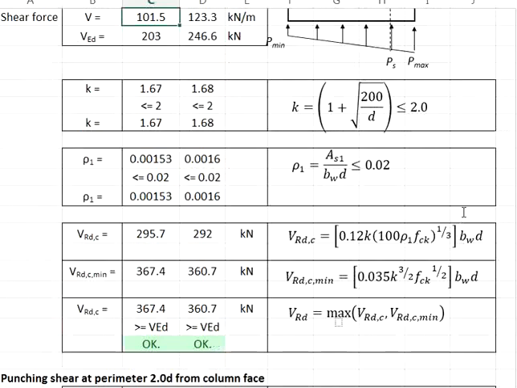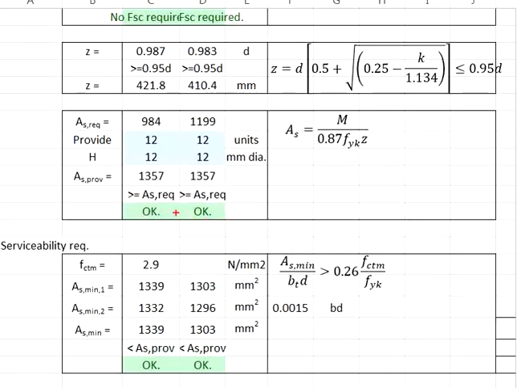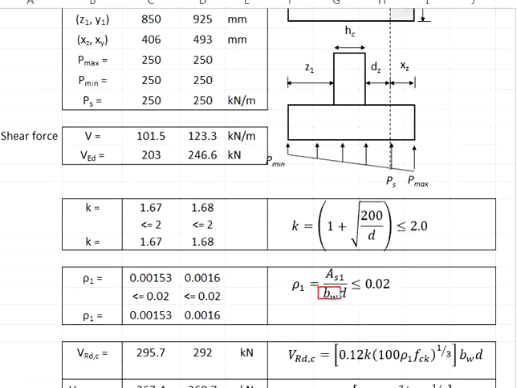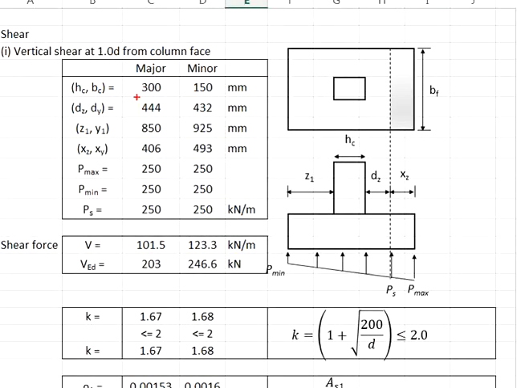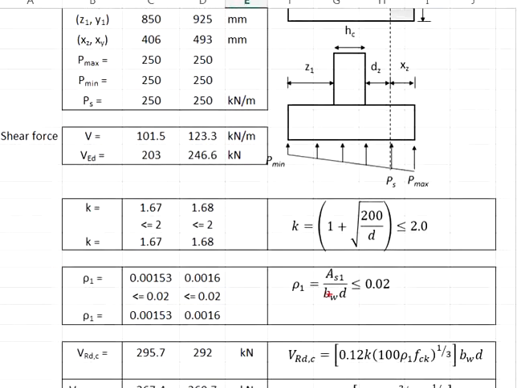Now let us look into the calculations. The As here will be the As provided. We calculate for the major axis. The As provided in the major axis is 1357 mm square, divided by b and d. We have no issue with the d here, because the effective depth in the major axis is 444 mm. As for the b here, you will need to look at the arrangement of the reinforcement.